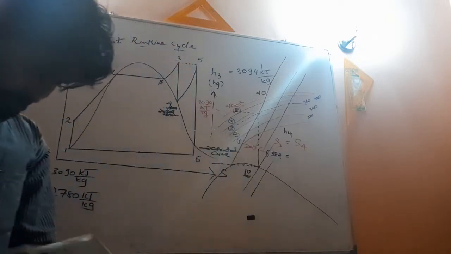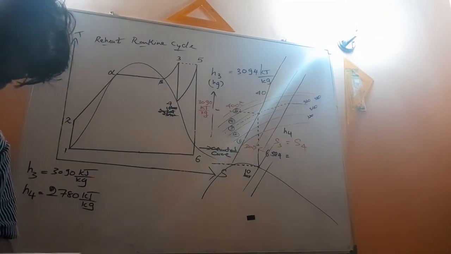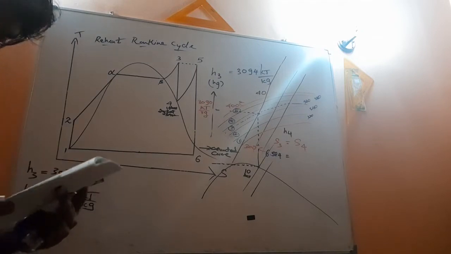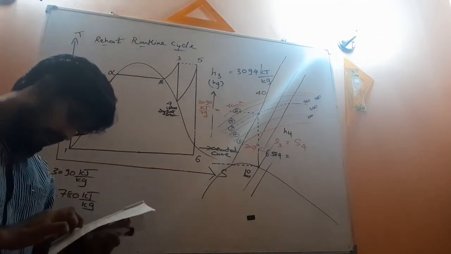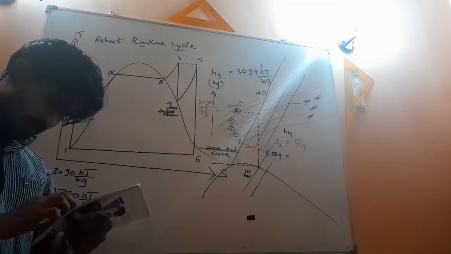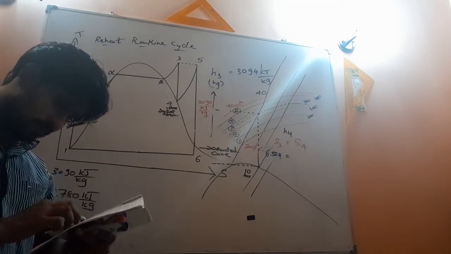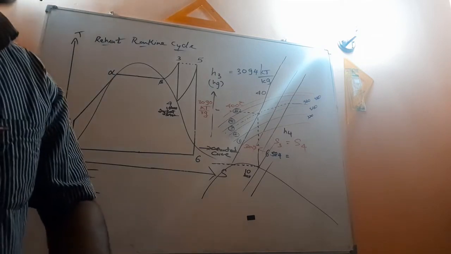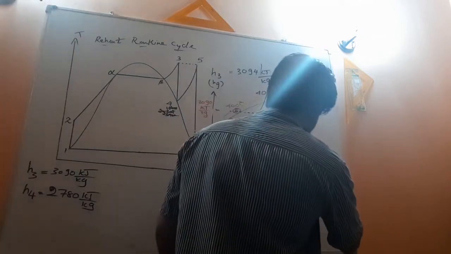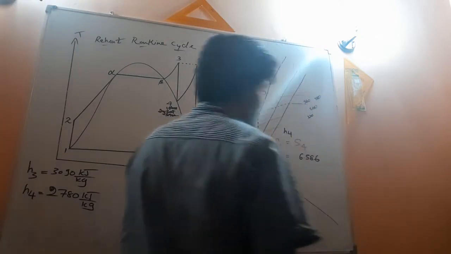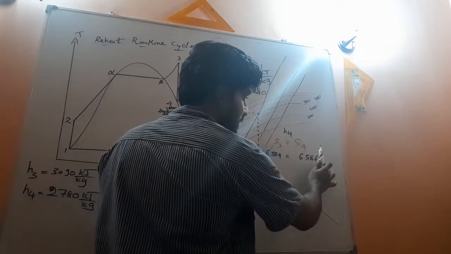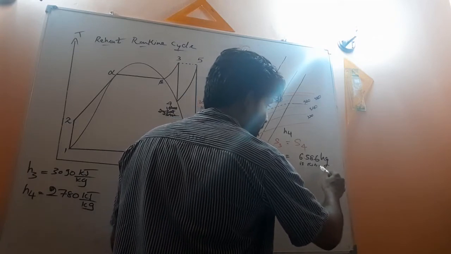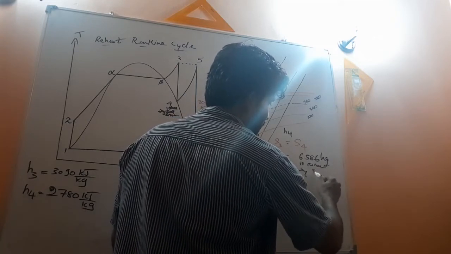Let's check from the chart. If we consider 10 bar steam, it has a steam entropy of 6.586, which corresponds to 10 bar dry saturated steam.